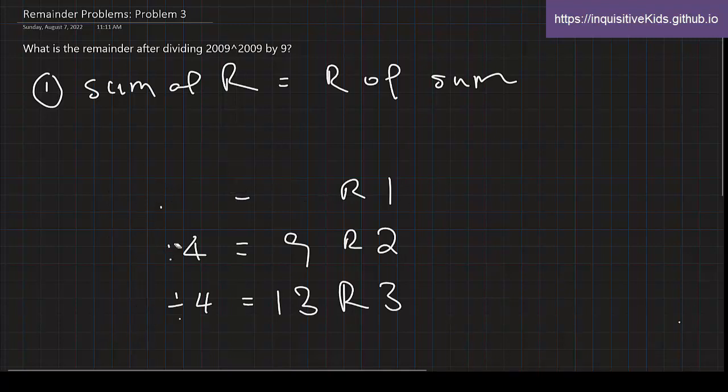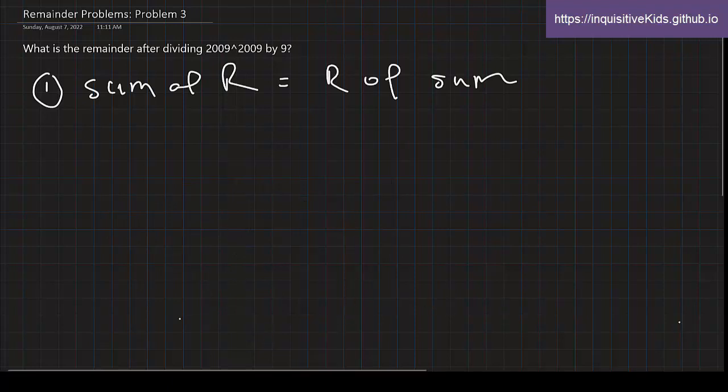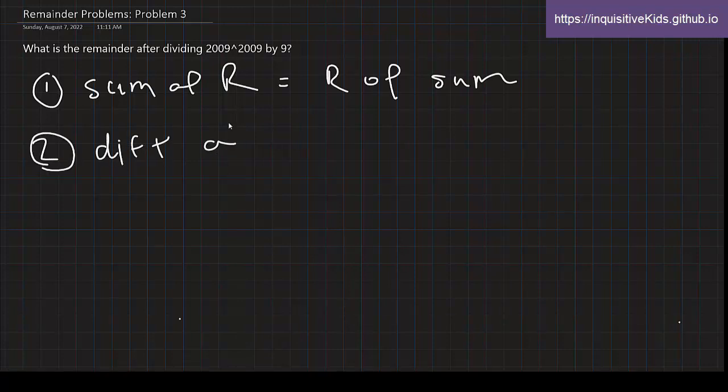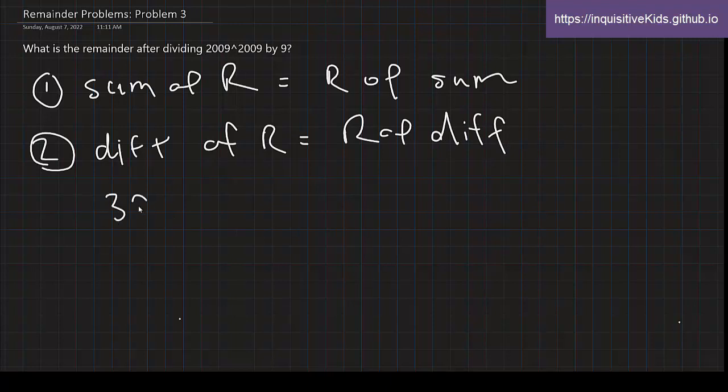Well, it's not just sums that work with this. The second property that I'd like you to know is that the difference of remainders is equal to the remainder of the difference. For example, if we have, again, 38 divided by, say, let's do 5 this time, is equal to 7 with a remainder of 3.